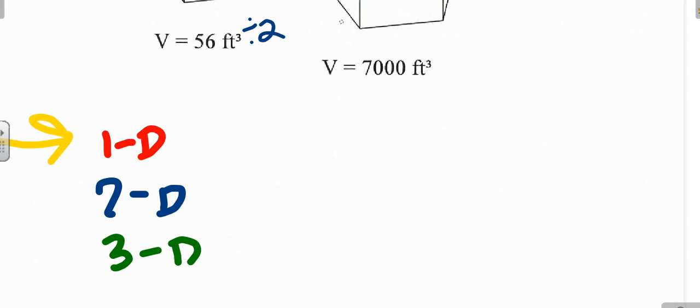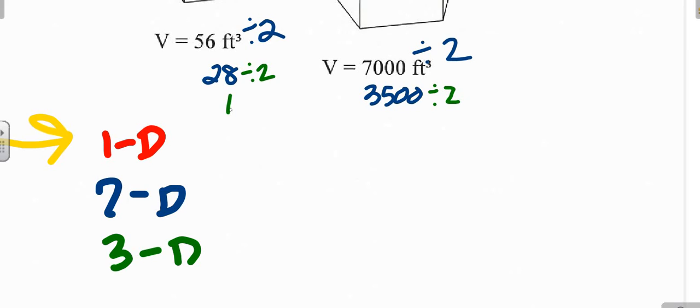Divided by 2. I lost track of my divided by 2, so I'm going to keep it color-coded here. 56 divided by 2 is 28. We're going to color code divided by 2, divided by 2. This gets me 14, of course.